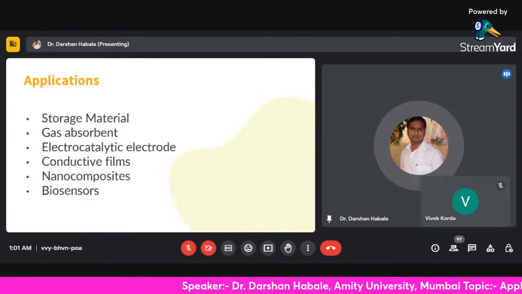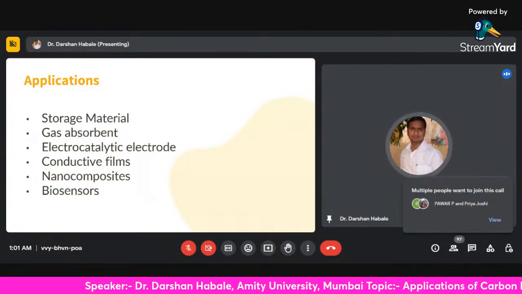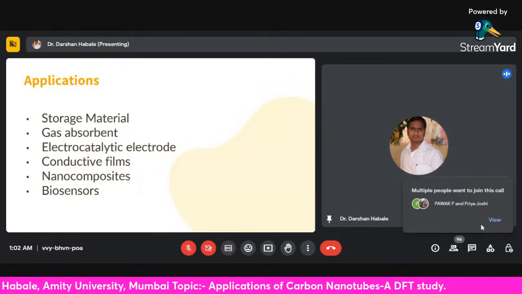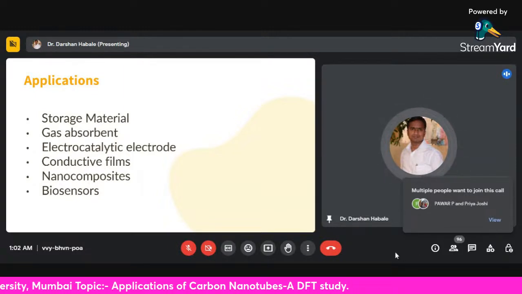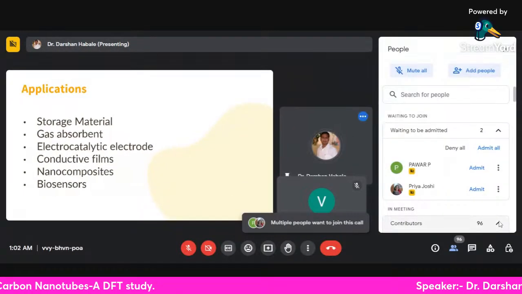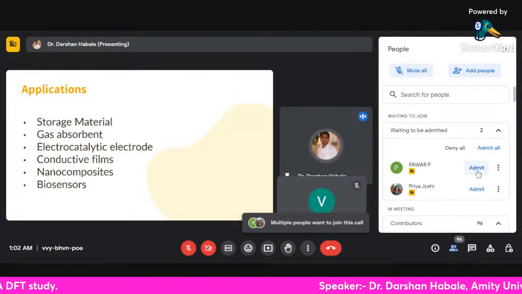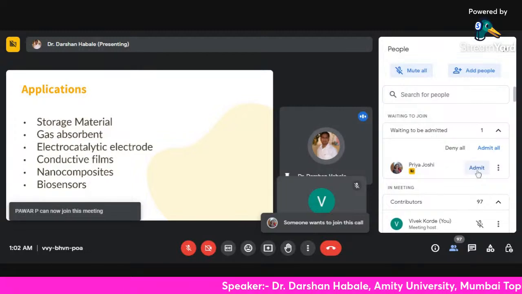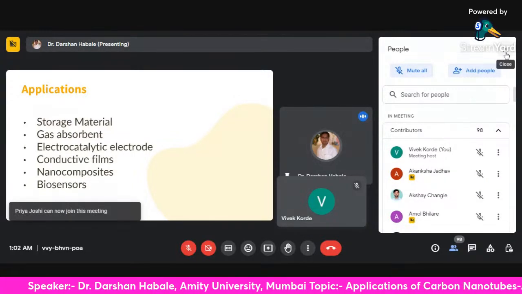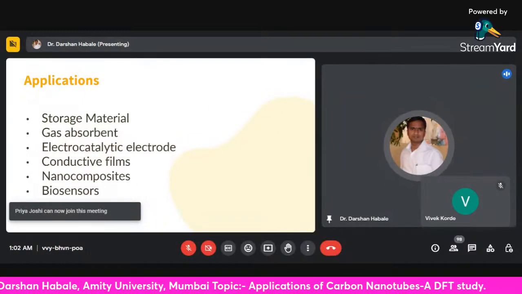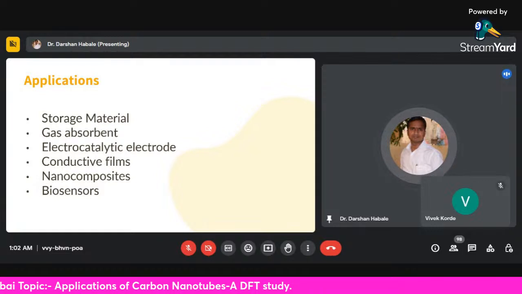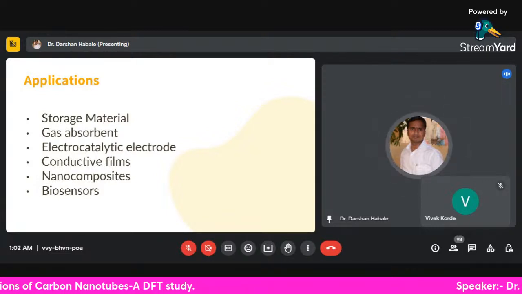These are the various applications: use as a storage material, a gas absorbent, electrocatalytic electrode, conductive film, nanocomposite, biosensors, and various applications in medicine. In today's talk, we are going to discuss the storage property, that is adsorption property, both hydrogen adsorption and different gas adsorption on carbon.